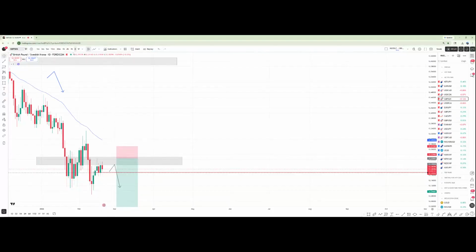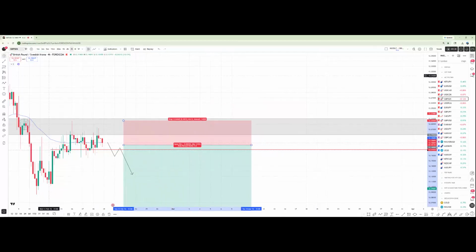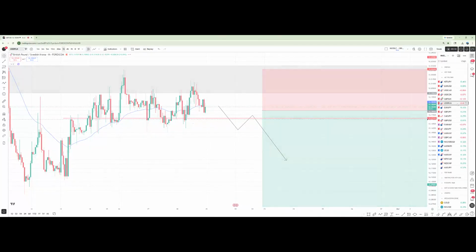We have this rejection, but the 4 hour, I want the 4 hour to have a shift or either the lower time frame, just like this. Then I'm going to look for, yeah, just like this one, we have a break and a retest, bearish engulfing.